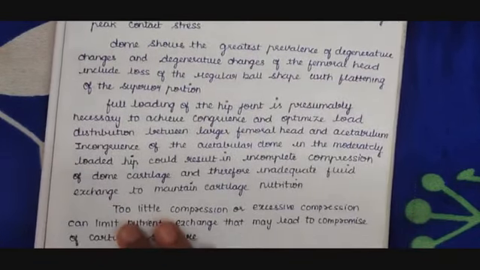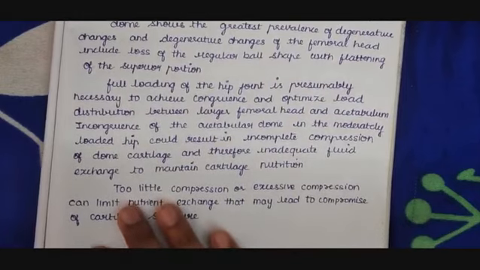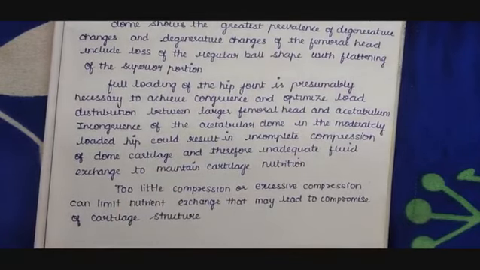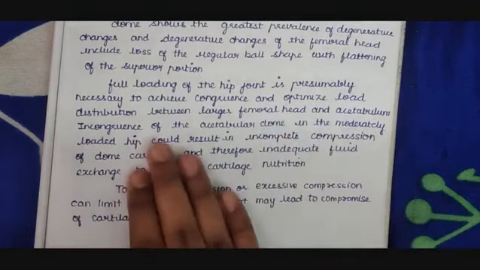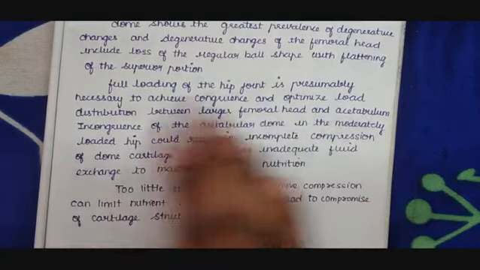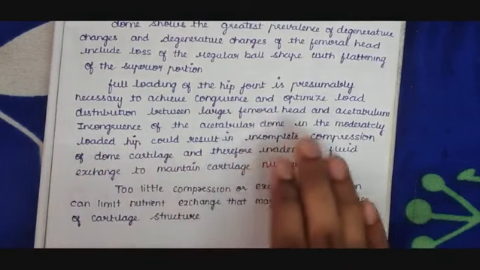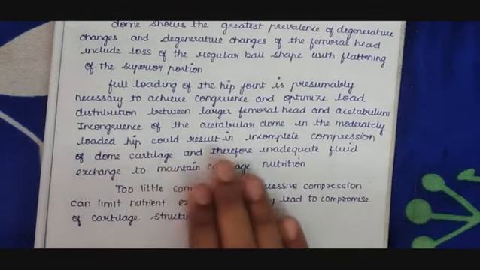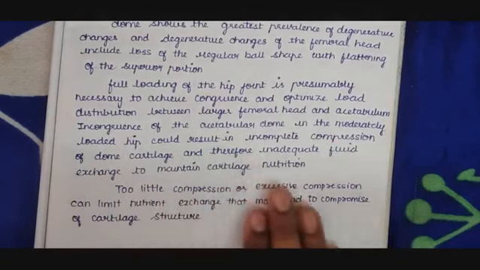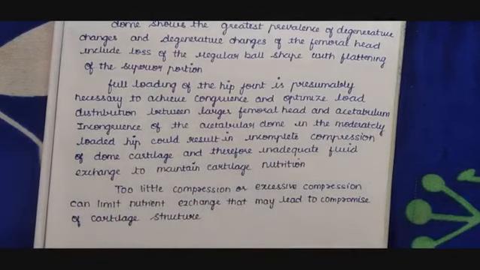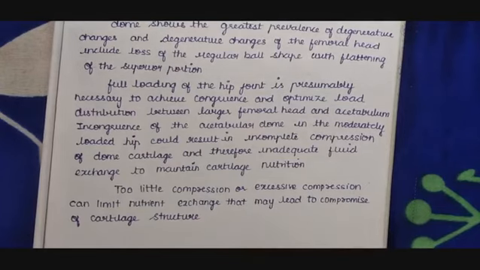Full loading of the hip joint is necessary to achieve congruence and optimize load distribution between the large femoral head and acetabulum. Incongruence of the acetabular dome in the moderately loaded hip could result in incomplete compression of dome cartilage and therefore inadequate fluid exchange to maintain cartilage nutrition. As we all know, cartilage is avascular in nature. It gets nourishment only via the synovial fluid.